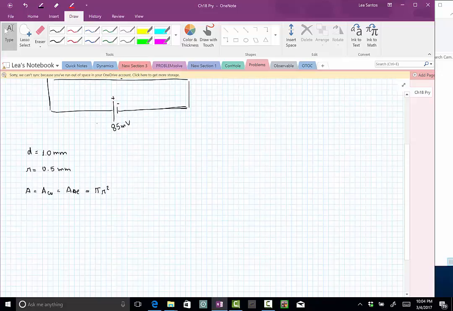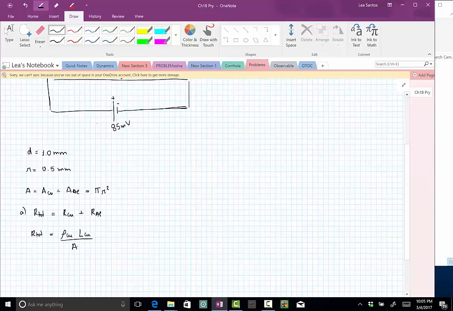Okay, so to find this total resistance, I will add the resistance from copper and the resistance from aluminum. What is the expression for resistance? Well, resistance is given by the resistivity, so for copper, the resistivity of copper, multiplied by the length of that piece of copper, divided by the area, which is the same as the area of aluminum.